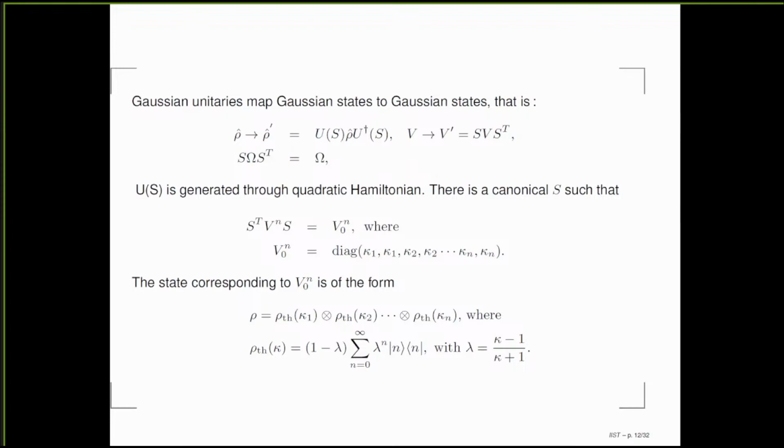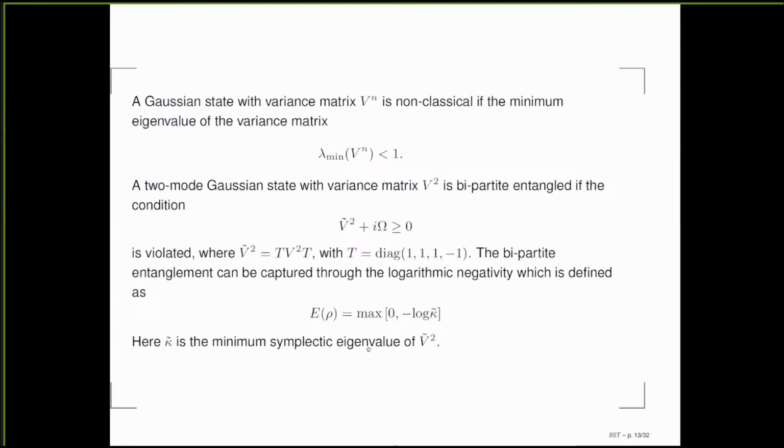It is not of the product form. It is not rho A tensor rho B. Once you mix it, it cannot be written as rho A tensor rho B, but it can be written as the summation of p_i rho A_i tensor rho B_i. It is separable. So the entropy of entanglement of this state is zero? Yes.